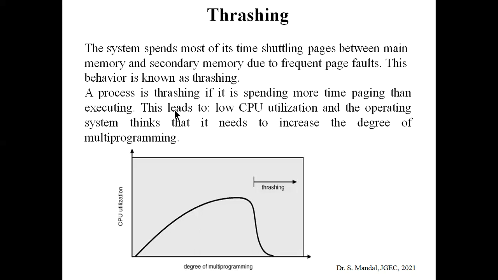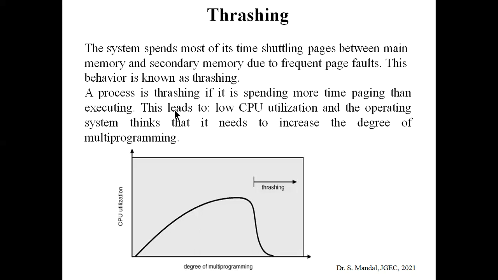The main aim of the CPU is computation, so computational time will be reduced. If that scenario is created, it is known as thrashing.